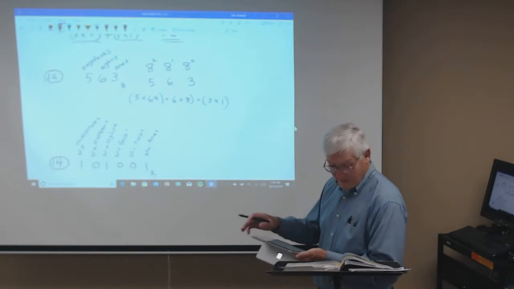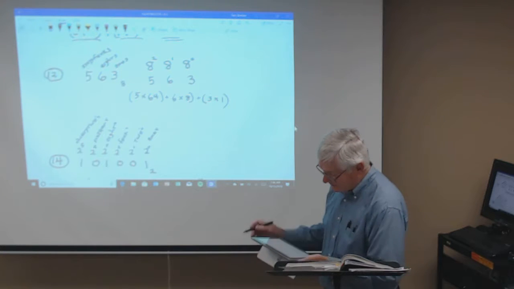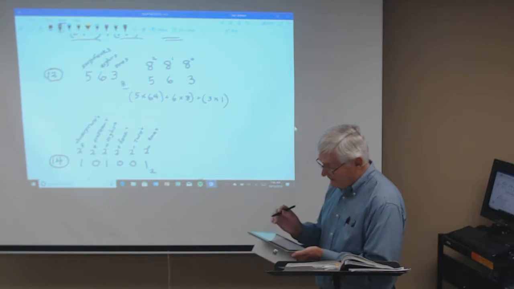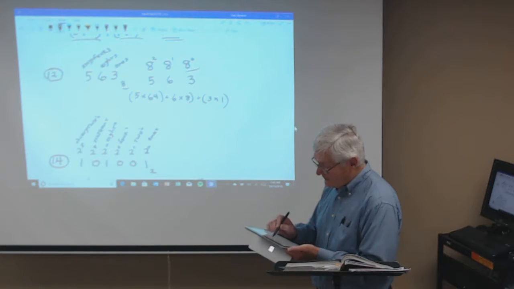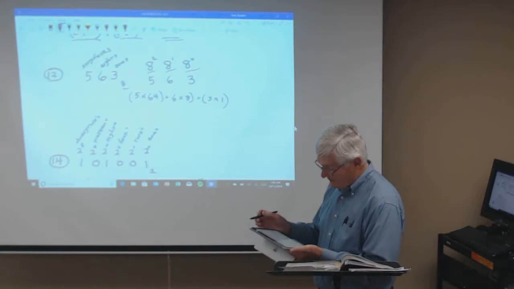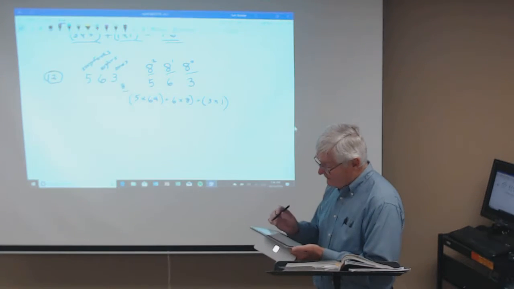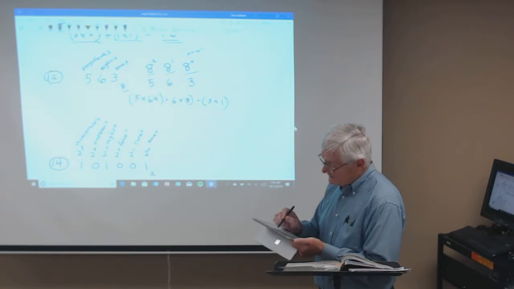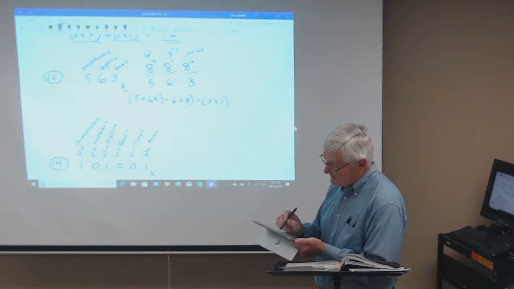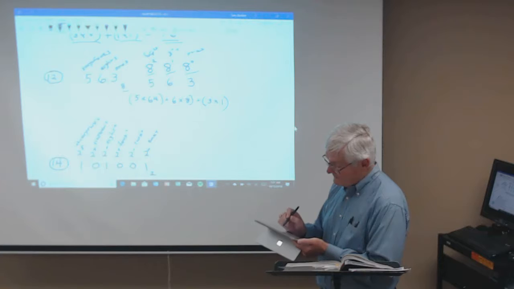Number 12. 5, 6, 3 in the base 8. So if the base is 8, I'm going to have 8 to the 0, 8 to the 1, 8 to the 2. And what would that be? This is the ones place. This is the eights place. And what's 8 squared? This is the 64's place. Okay.